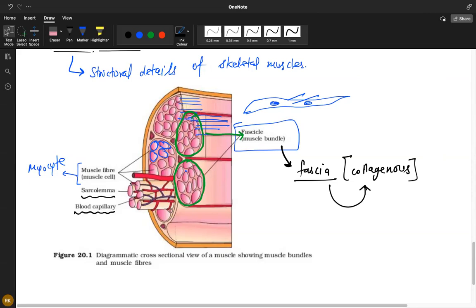So write down: sarcolemma is a transparent sheath that covers the muscle fibers, and it is present only in skeletal muscles. Is it clear? Thumbs up.